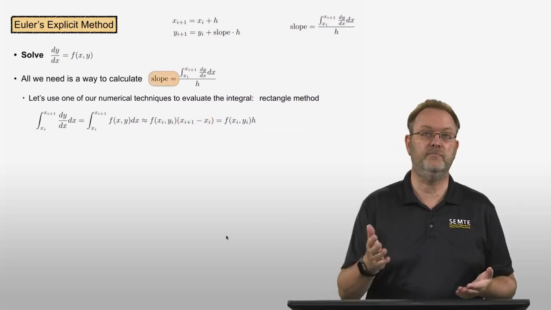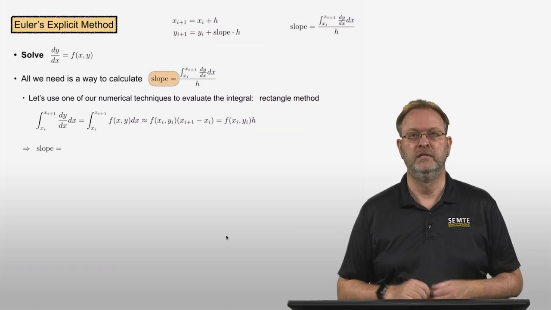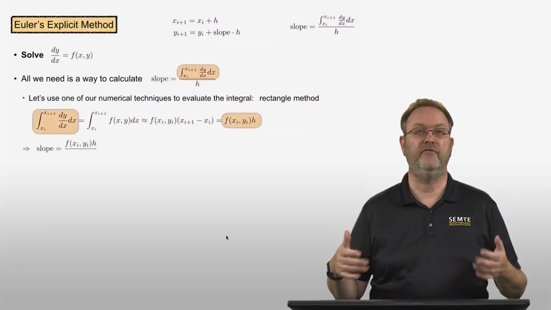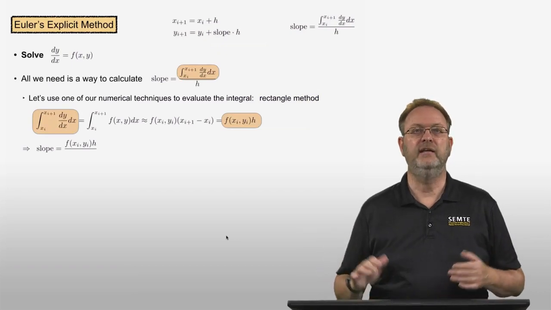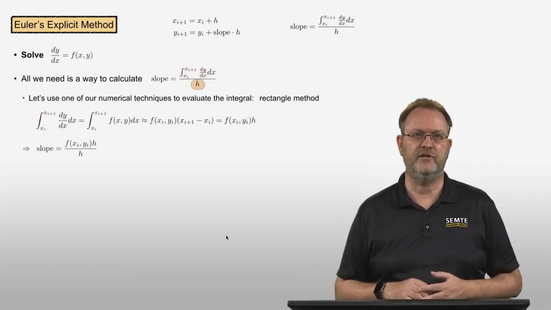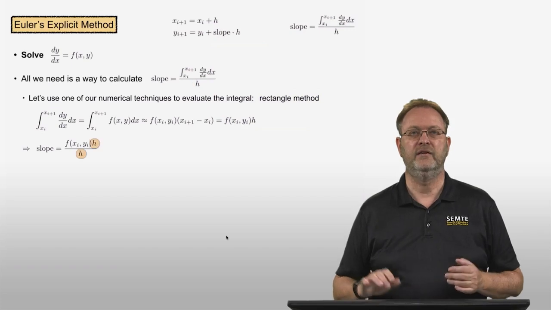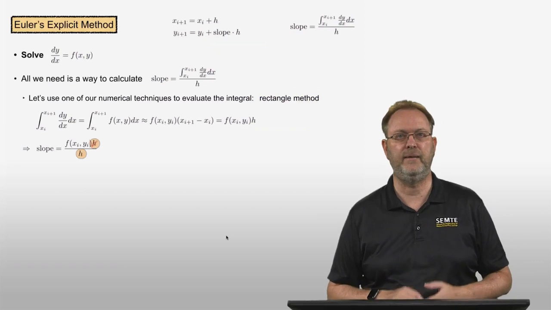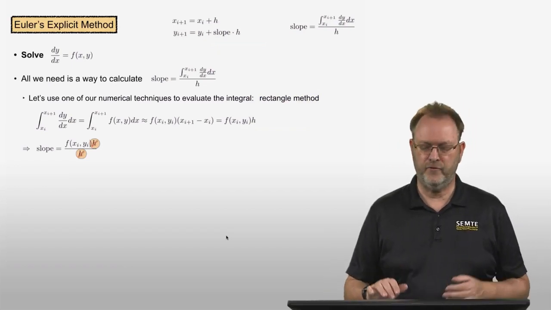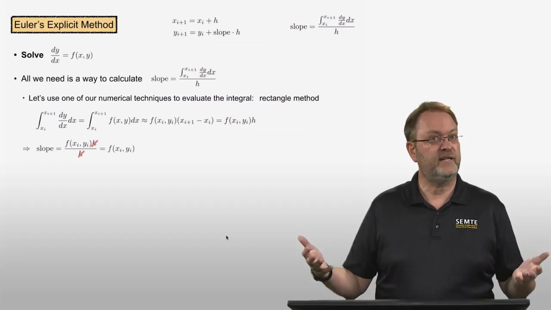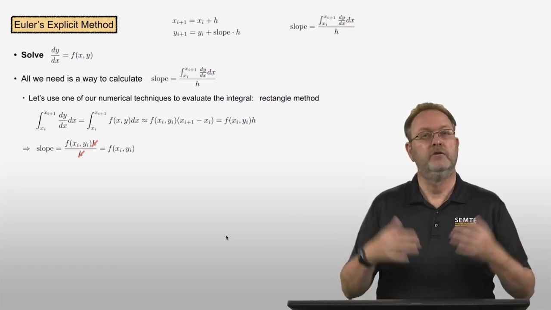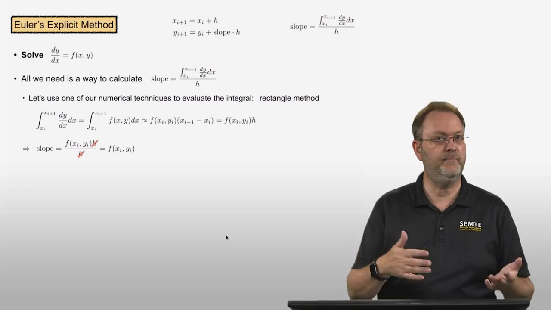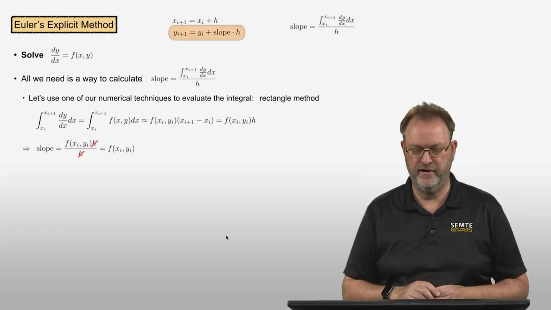Okay, let's plug this into the definition of the slope. So the slope is simply this integral, which is f of x_i y_i times h, divided by h. So the h cancels, and the average slope, this slope that we need to find the new solution variable y_i plus 1, is therefore simply f of x_i y_i. So the function f evaluated at my known values of the dependent and independent variable.